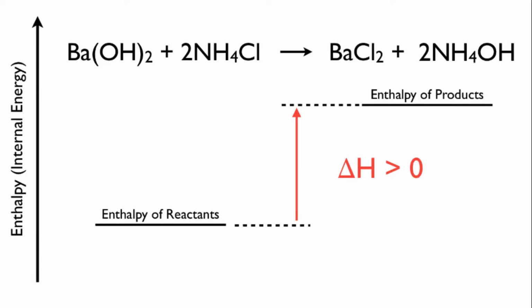In other words, it's taking in energy as best it can. And the way to schematically understand that from an enthalpic perspective is that the enthalpy of those products must be greater than the enthalpy of the reactants because it's taking in that heat energy. And in this particular case, taking in a lot of heat energy. So my enthalpy goes up, and therefore my enthalpy change is greater than zero.